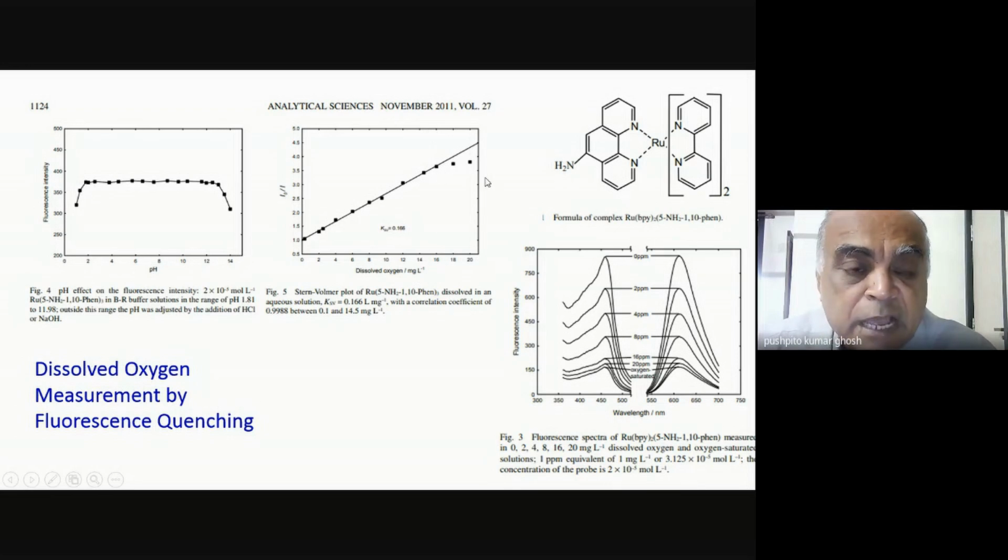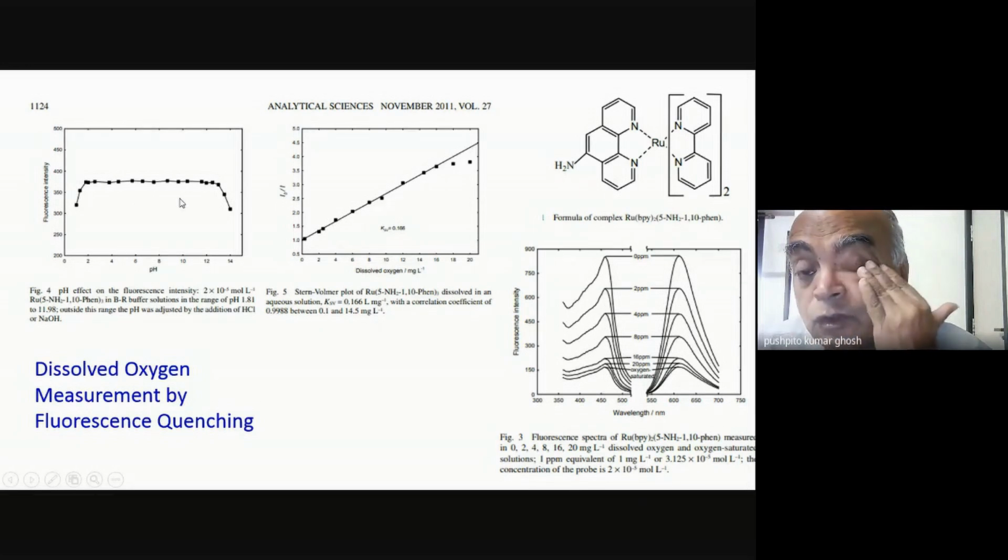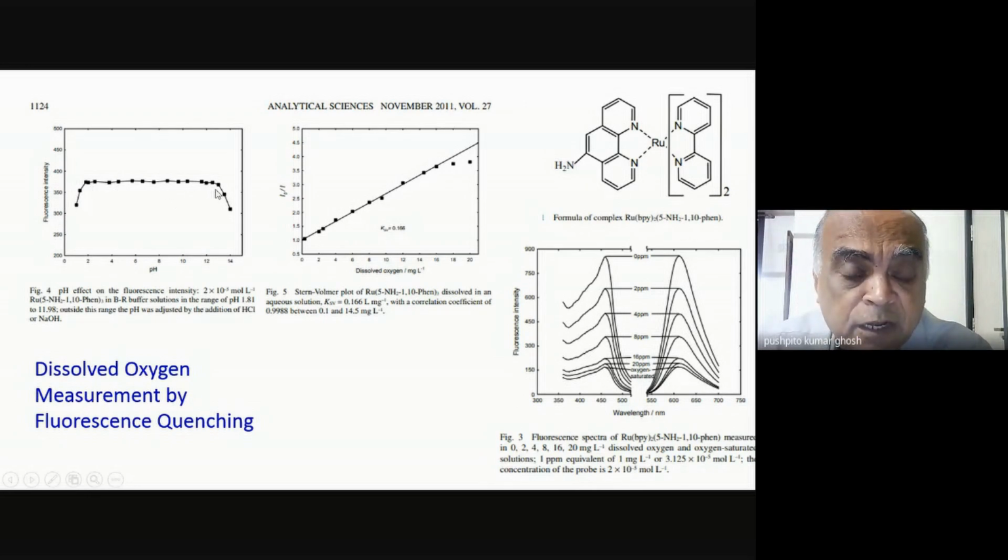Another thing that you need to be sure of is that your intensities do not change with pH, because then it could be another variable. This particular compound has a very flat pH response.